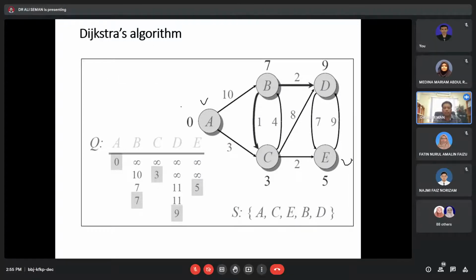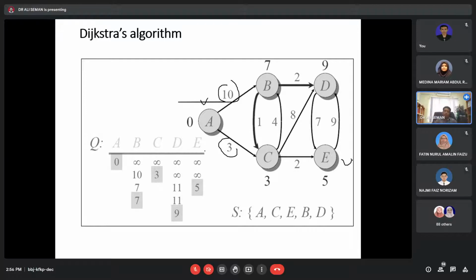Basically, we need to scan A to B, what is the weight here, the distance, and A to C. Because in order to go to E, we may go A to B, B to D, and D to E. This is one option. Maybe we can go to C, C to D, D to E, or maybe A to C, C to E. So the idea in general, we're going to discuss later on in detail.